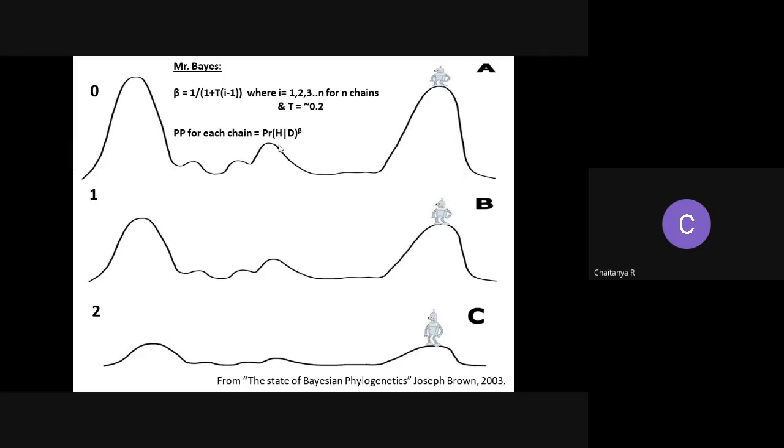It will basically look like the posterior probability has melted. Similarly, the higher the number of your chain, so chains 3 and 4 will have a higher temperature and will melt the probability space a little more. Is that clear, Shruti?